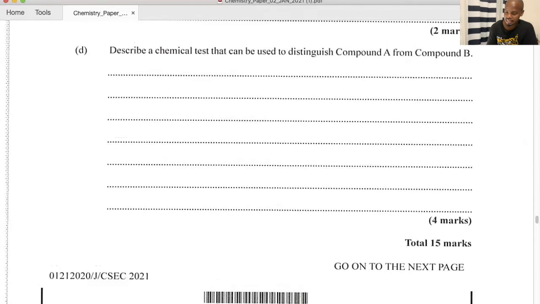So one of the tests that we could use, well, since both of them are gases, we have to be very specific. Both of them are gases, so we could bubble them in our testing reagent.